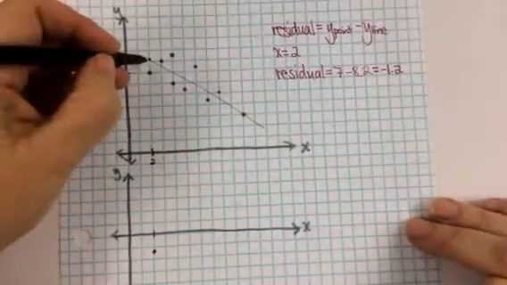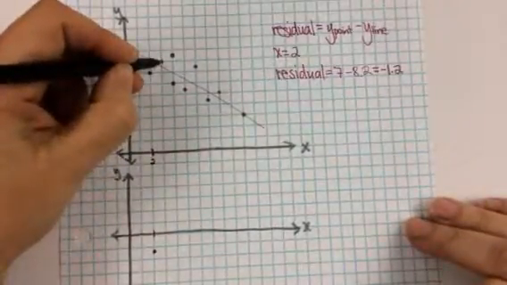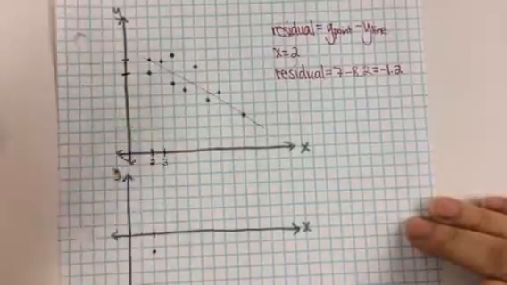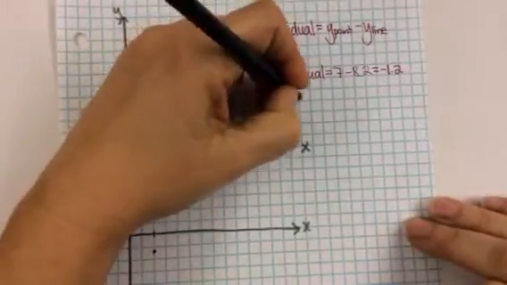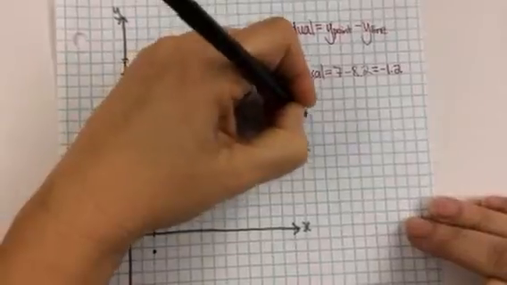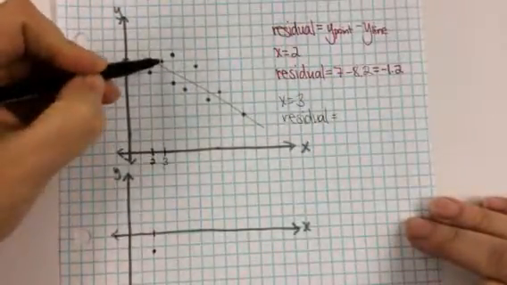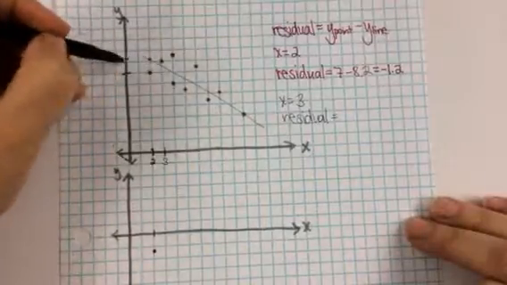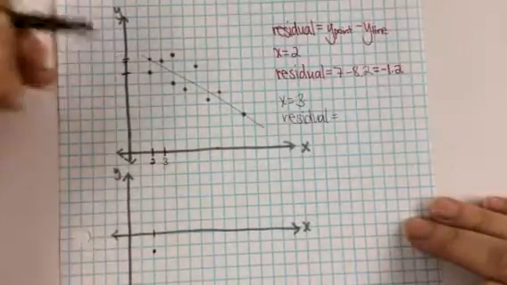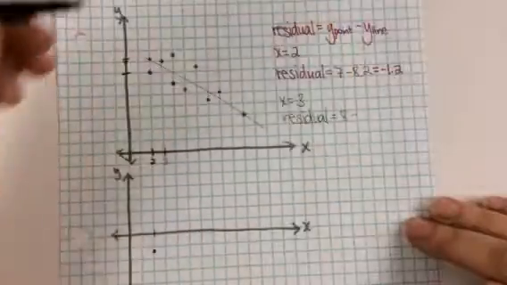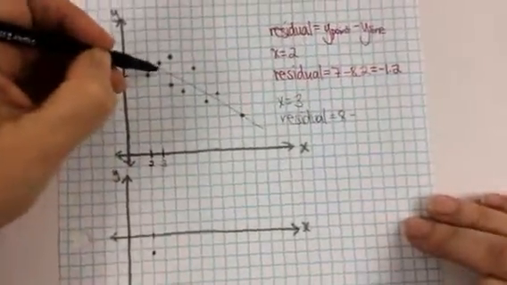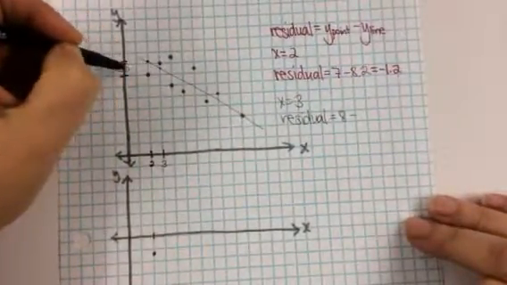So let's look at the next point on the scatter plot, which happens when x equals 3. So the residual is going to be the y value of the point. Okay, so that's right there. What was that? That was like 8. Yeah, the y value of the point is 8 minus the y value of the line right about there.